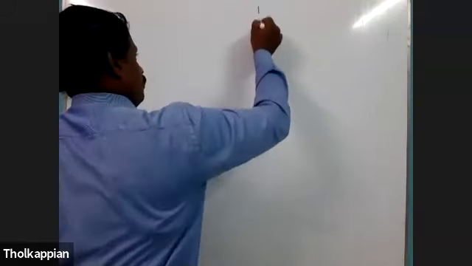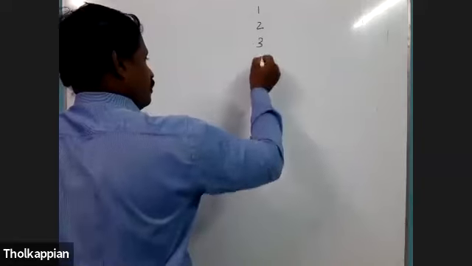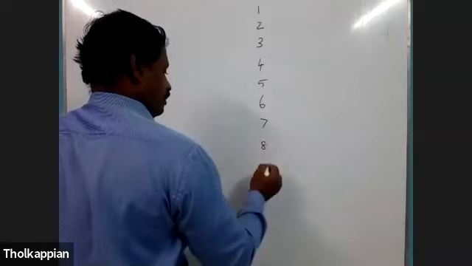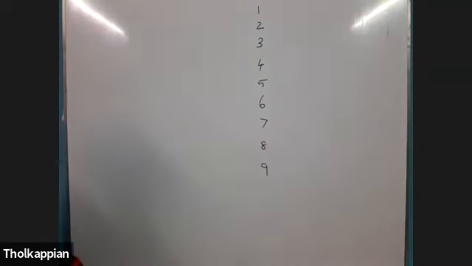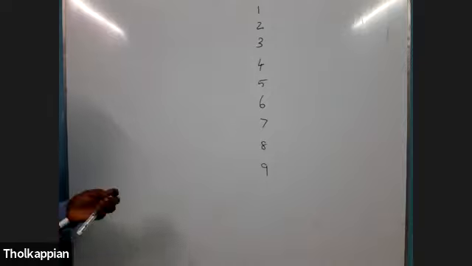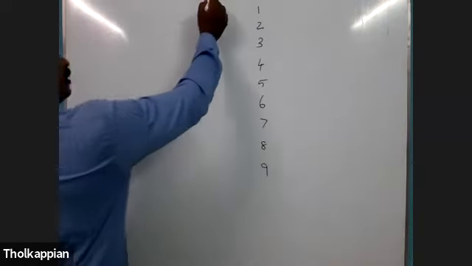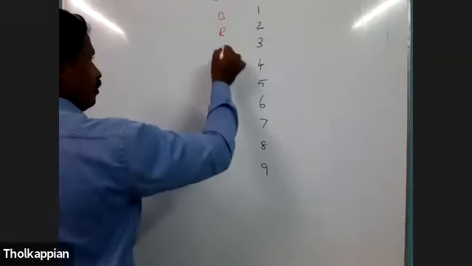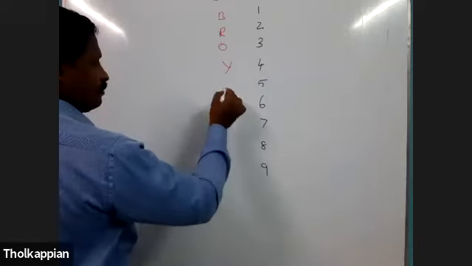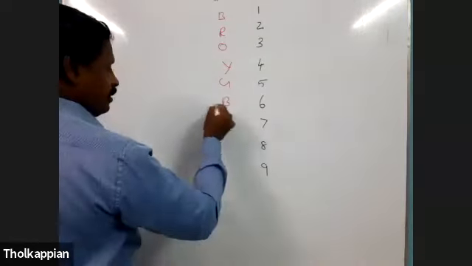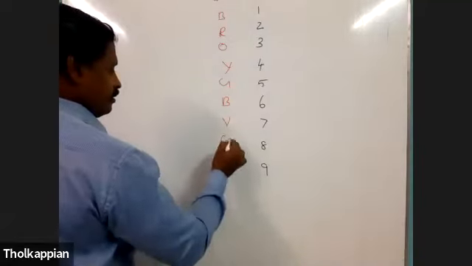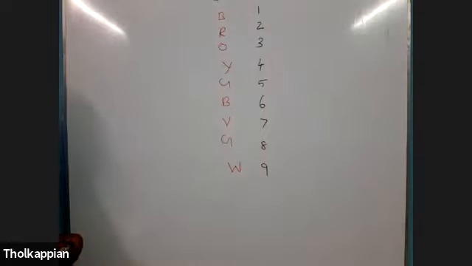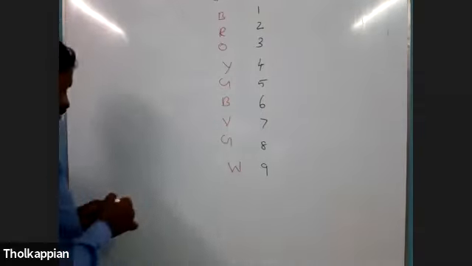0, 1, 2, 3, 4, 5, 6, 7, 8, 9. This is the order. To remember it: B, B, R, O, Y, G, B, V, G, W. This is the number value and this is the color value.